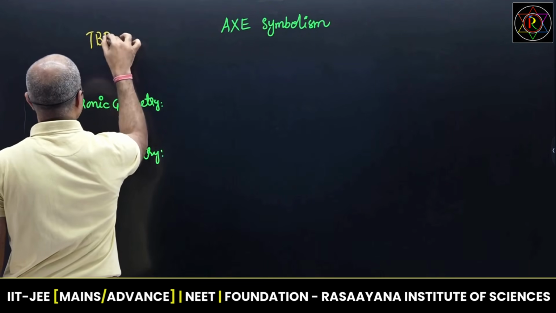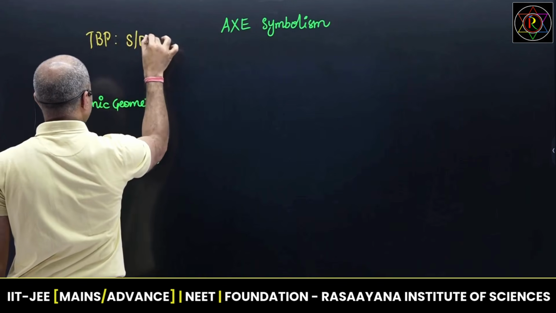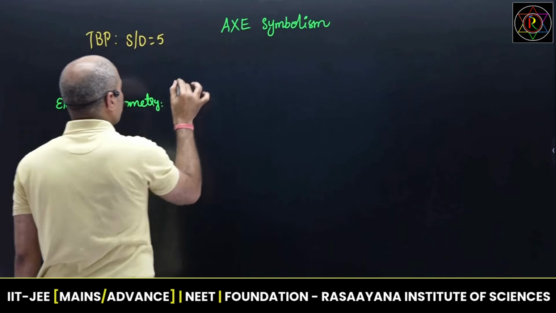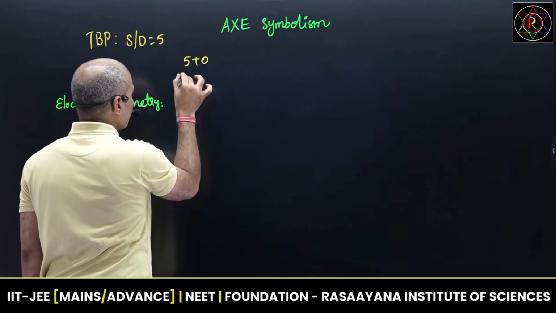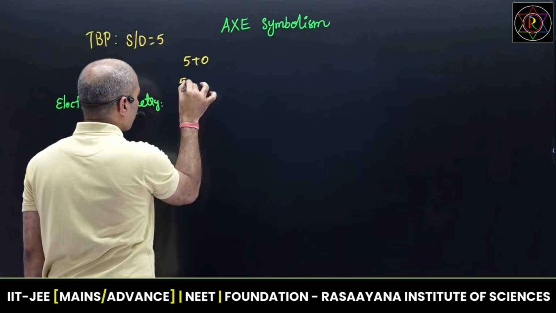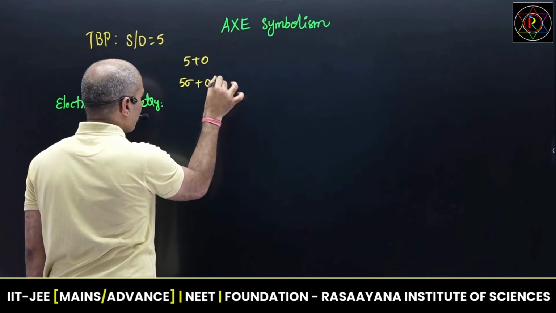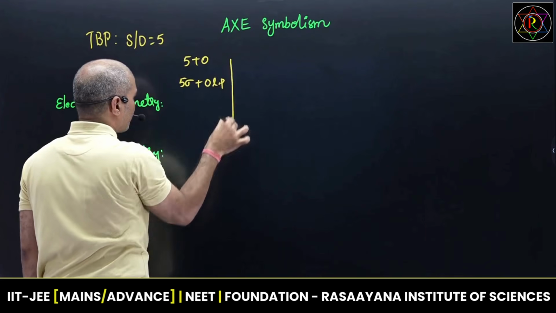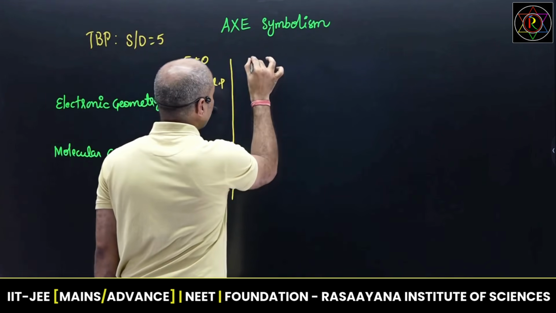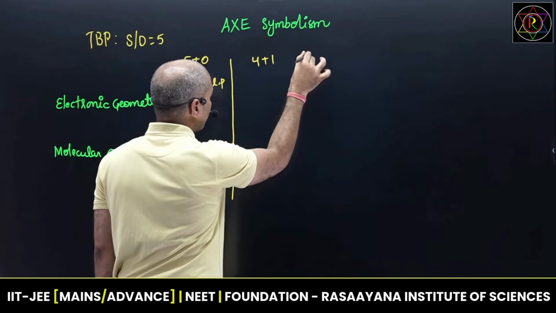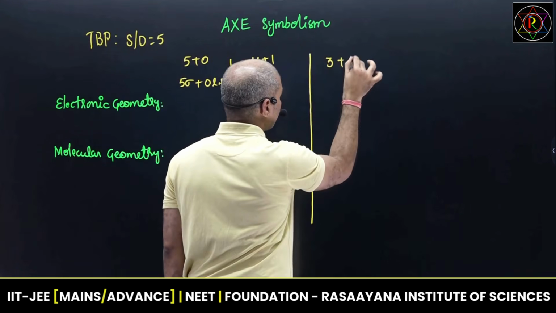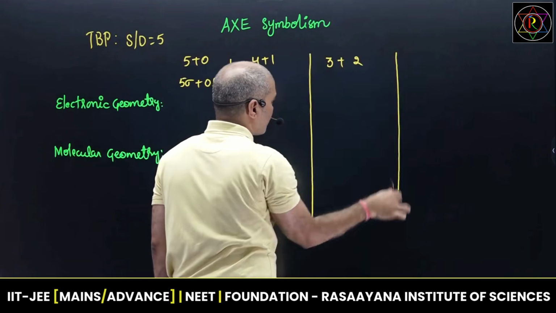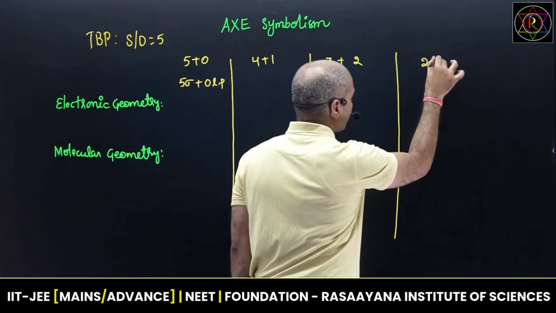Trigonal bipyramidal geometry, where the steric number or domains are 5. So this 5 can exist as 5 plus 0, 5 sigma plus 0 lone pair, or it may exist as 4 plus 1, or it may exist as 3 plus 2, or it may exist as 2 plus 3.